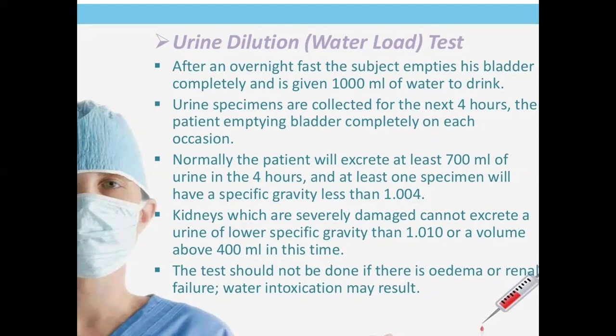Normally, the patient will excrete at least 700 ml of urine in 4 hours, and at least one specimen will have a specific gravity less than 1.004. Kidneys which are severely damaged cannot excrete a urine of lower specific gravity than 1.010 or a volume above 400 ml in this time. The test should not be done if there is edema or renal failure, or water intoxication may result.